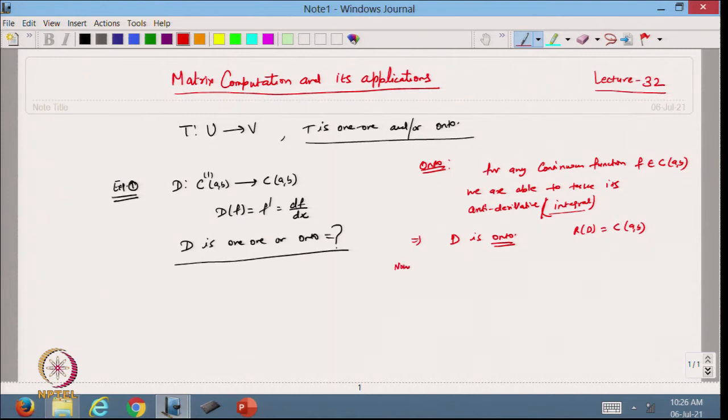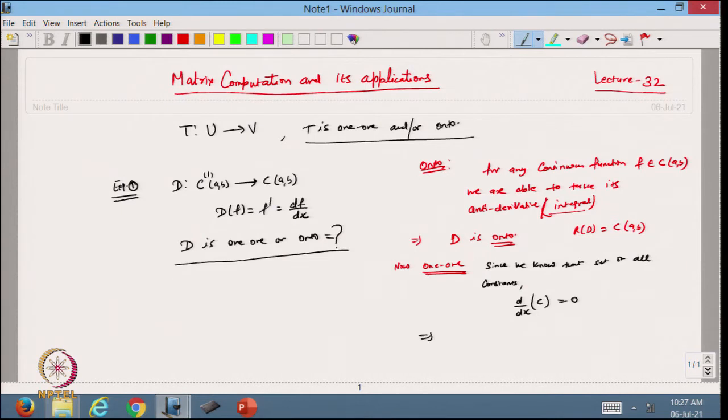Now, how to check 1 to 1. It is clear that if I take the set of all constants and take the derivative d by dx of some constant c, the value is equal to 0.